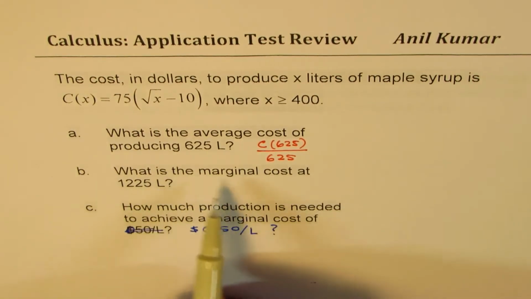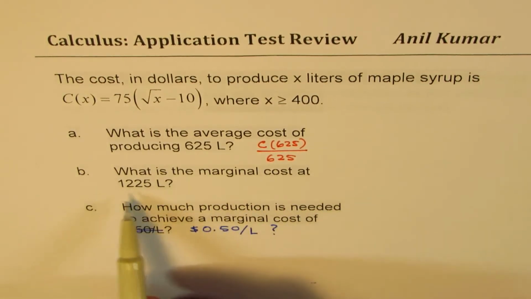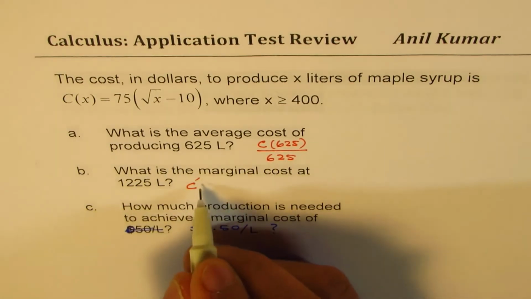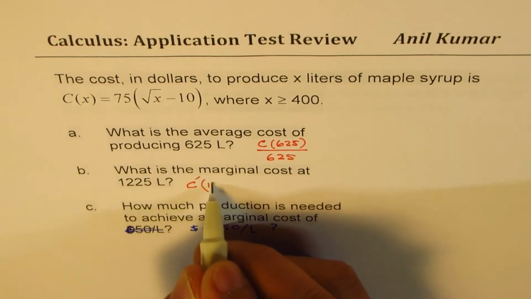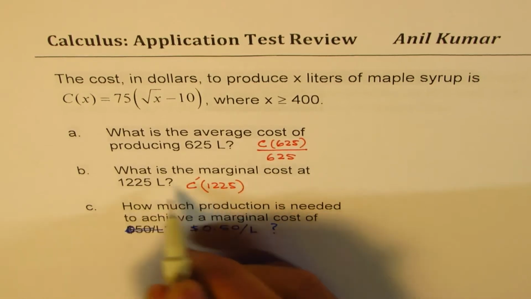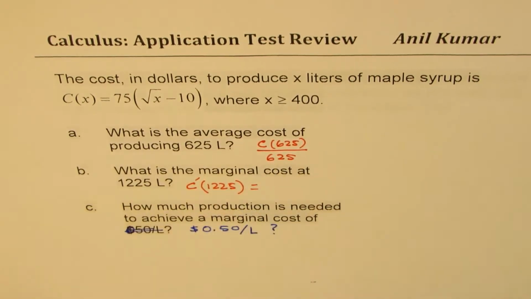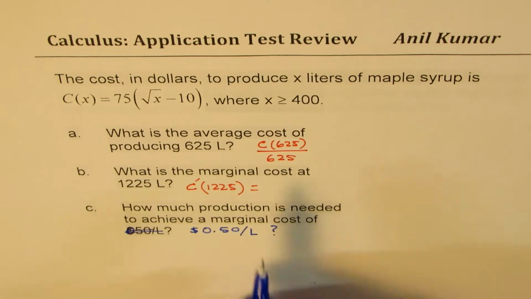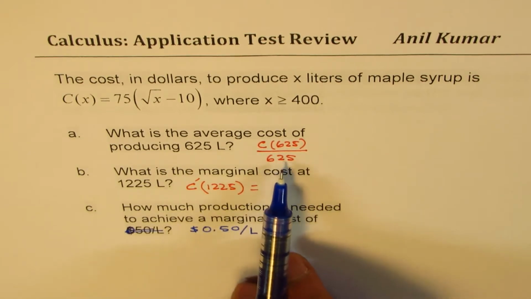Part B is, what is the marginal cost at this level? So now you have to find the first derivative and then its value at 1225 will give you the answer. The next one is, we know the cost, but we need to find that quantity, correct? So that's how it is to be done. So let's begin by answering them one by one. I hope the concept is clear, right?